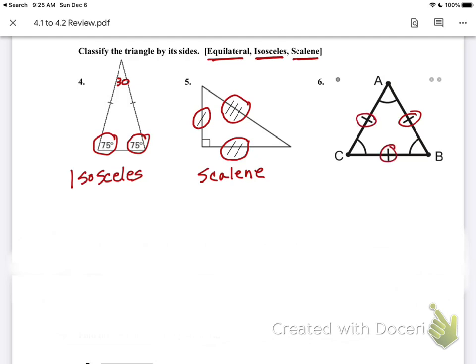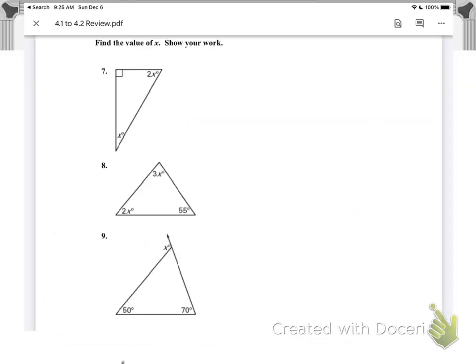So if every single side is equal, the best answer probably is equilateral. But remember, by definition, isosceles has at least two sides equal, and therefore you really could call this one isosceles as well. Okay, let's move on to the next problem.